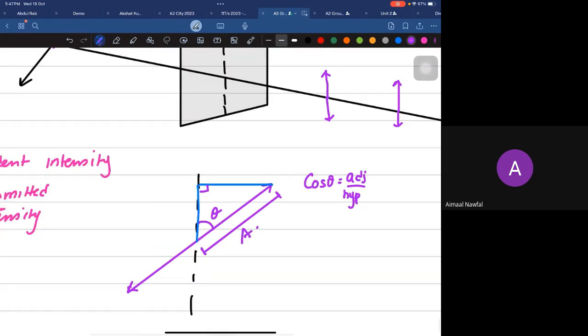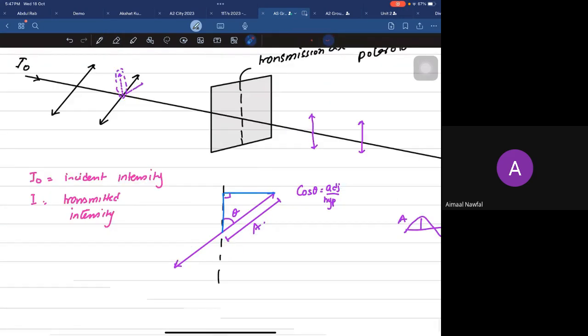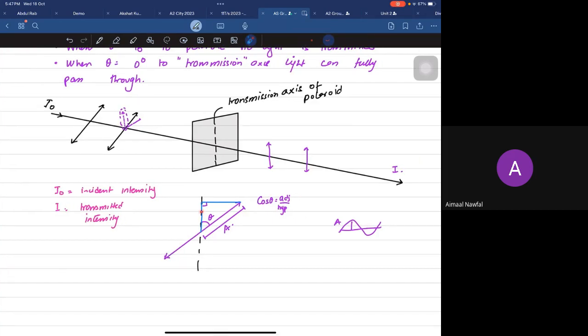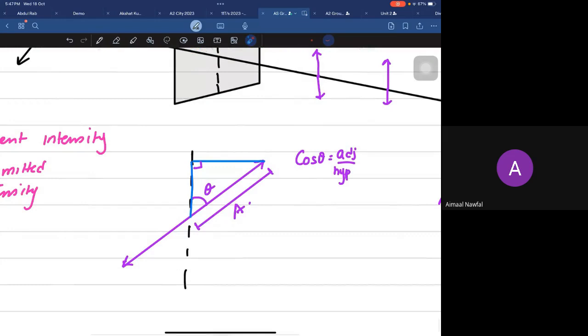No, I'm trying to make it the other way, like it's oscillating like this. Something like this. Do you understand? Now, because cosine is adjacent over hypotenuse, this is adjacent and this is hypotenuse.